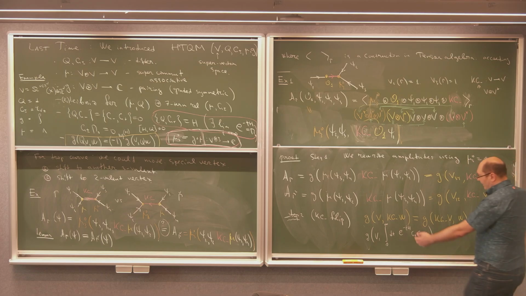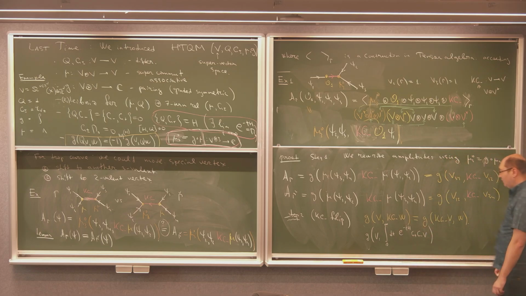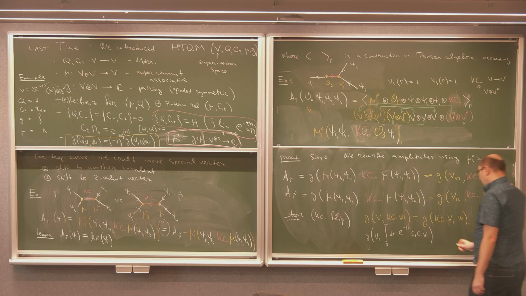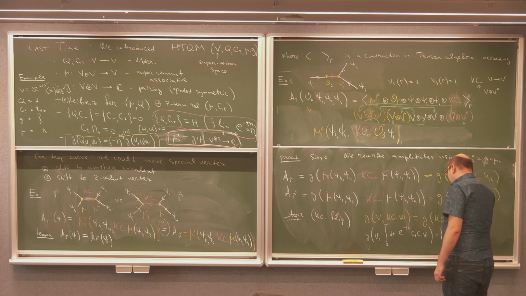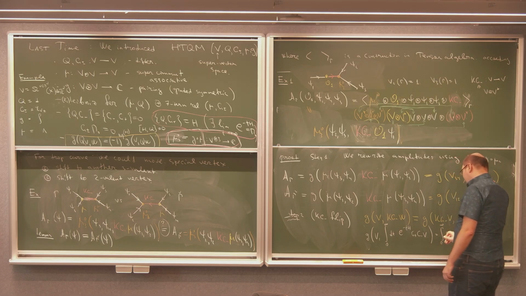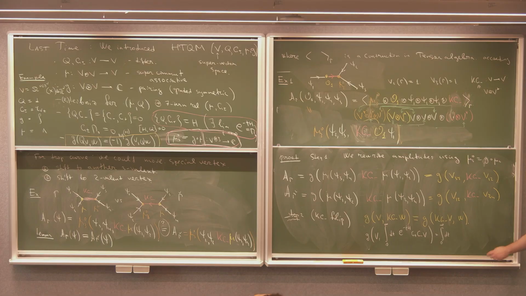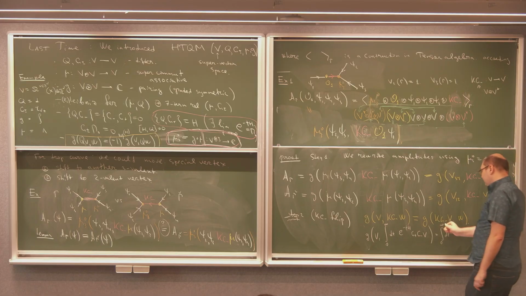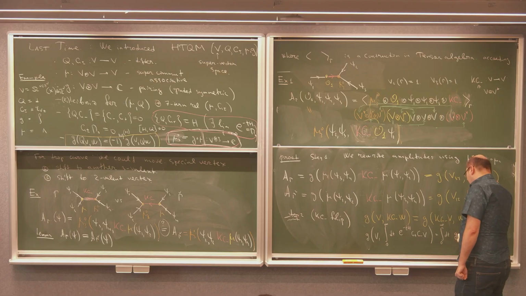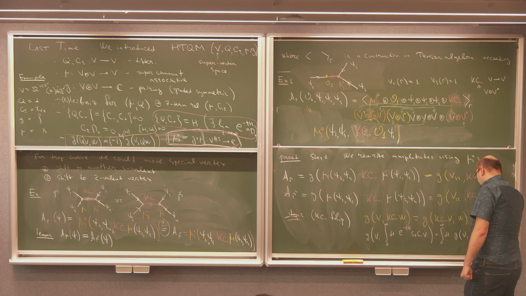So here I explicitly substituted our definition for K. Now, given that things converge, I can exchange the integral and the pairing. So I will get something like this, e to the minus t h, g plus g minus w.